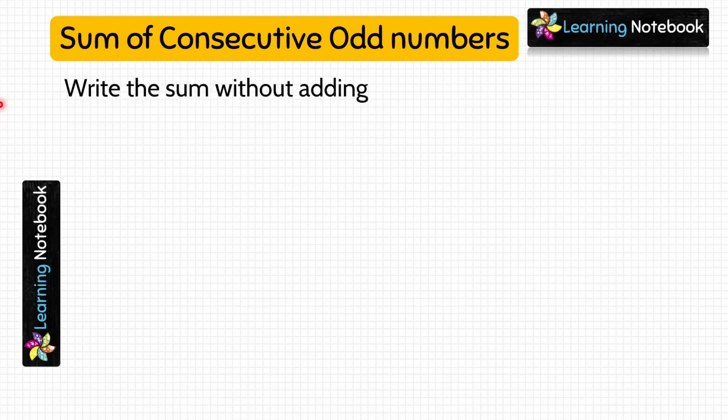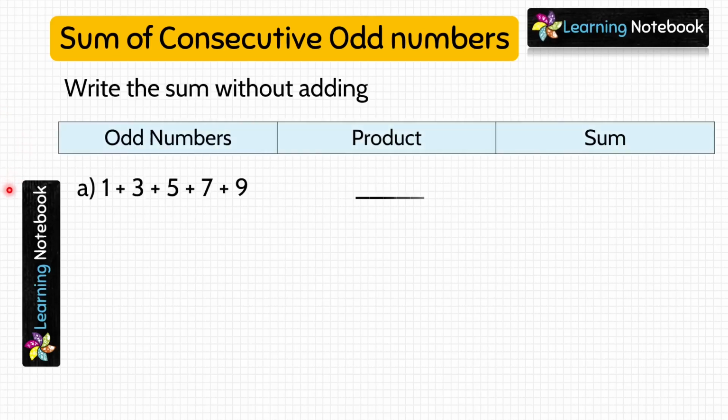Question is, write the sum of the following without adding. So here, let's use the pattern of square numbers to find the sum of the following. First question is 1 plus 3 plus 5 plus 7 plus 9.